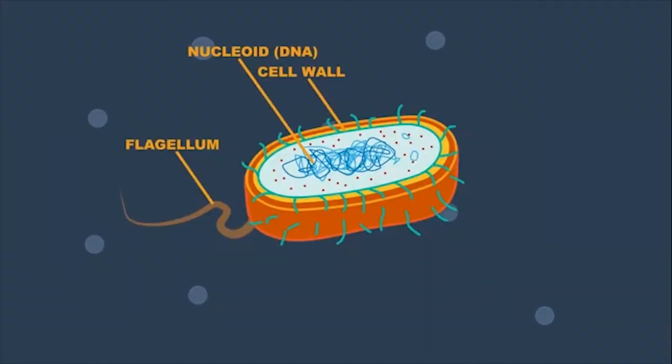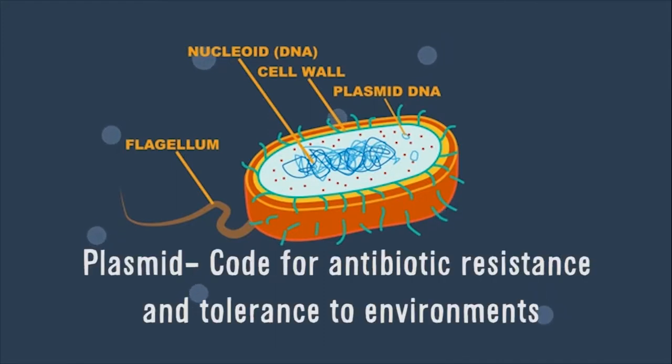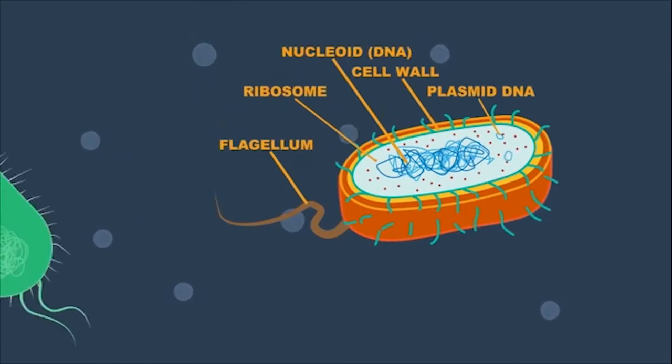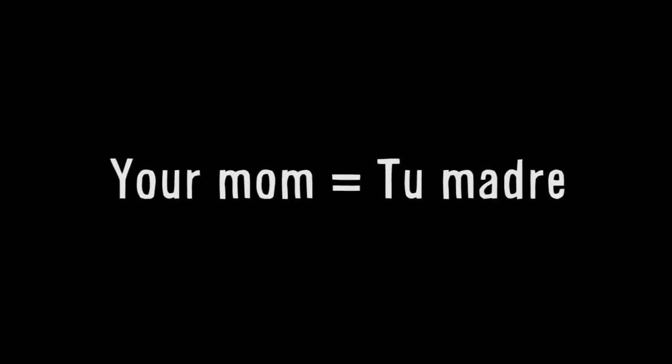The rest of the genetic material within the cell would be found in the plasmid. These small circular DNA fragments contain code necessary for antibiotic resistance and other things that help them to ruin our lives more efficiently. Next are ribosomes, the small organelles found throughout the bacterium responsible for protein synthesis, also known as translation.